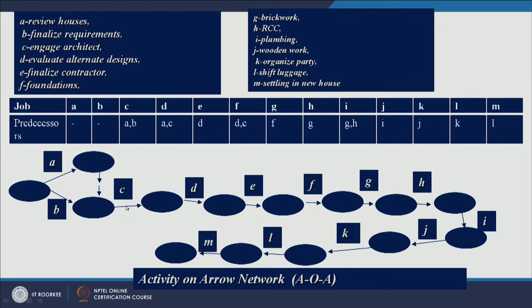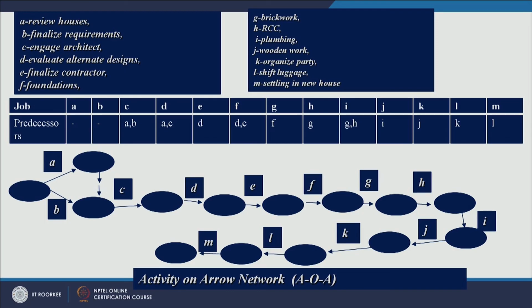Activity C, engage architect, then D, E and so on, right. Finally, settling in new house, right. So, this is activity on arrow type of network, wherein this is your dummy activity, right.